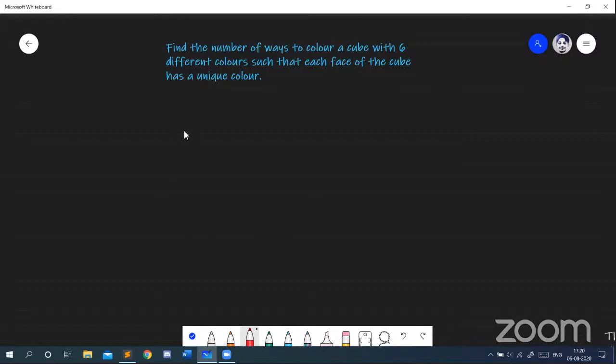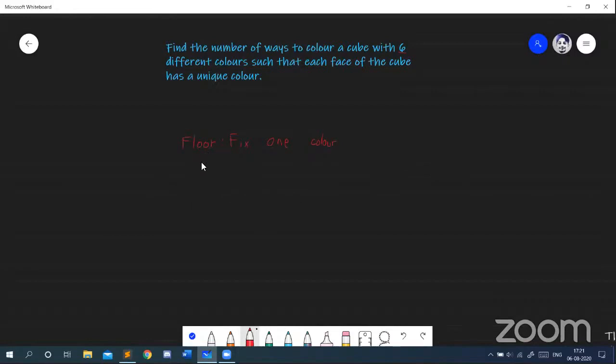So for the floor, I'm going to fix one arbitrary color. Remember that I have 6 colors, and now I fix any one arbitrary color for the floor. Right.